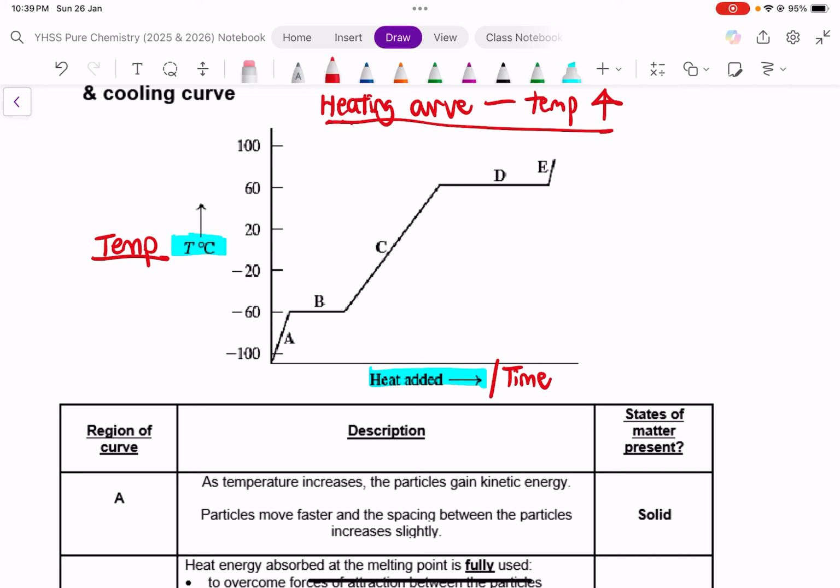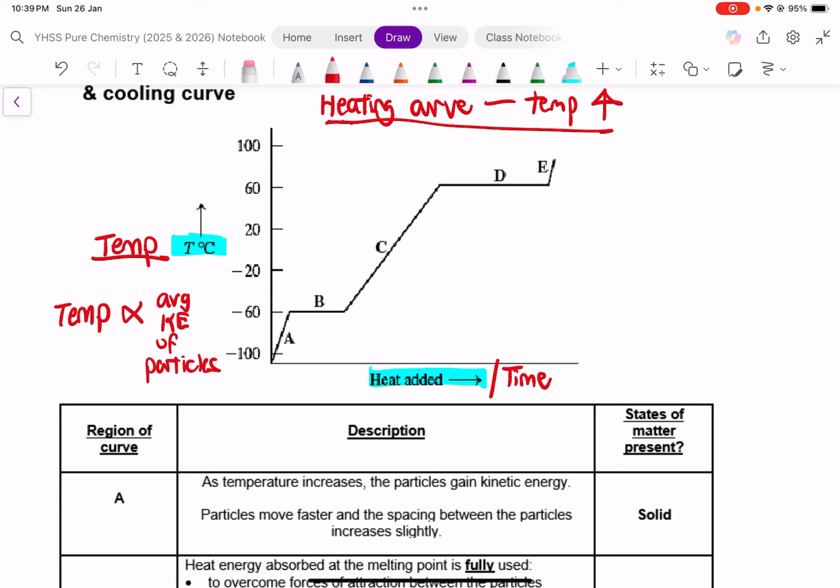So in region A of the graph, you can see that the temperature goes up. So what is happening to the particles as temperature goes up? First, we will need to know temperature is proportional to the average kinetic energy of the particles. Meaning, the higher the temperature, the higher the average kinetic energy that the particles will have.